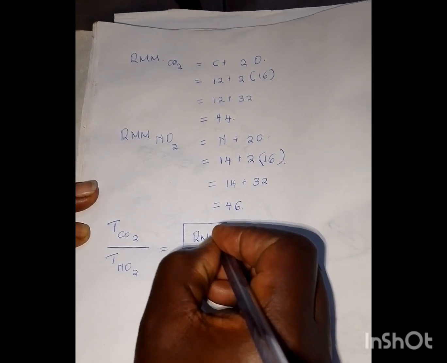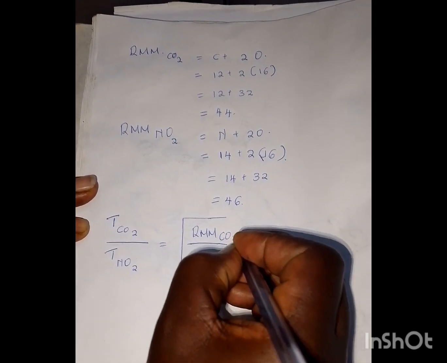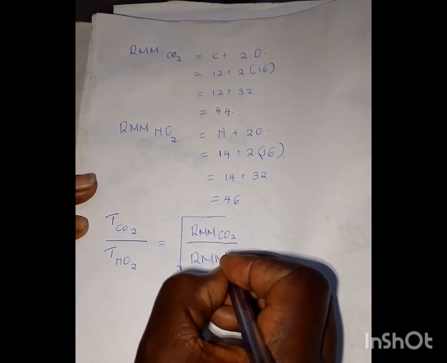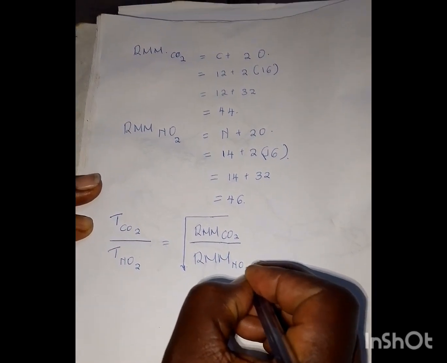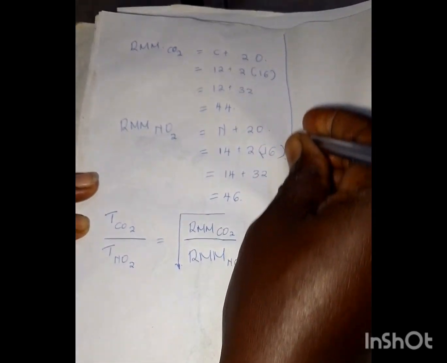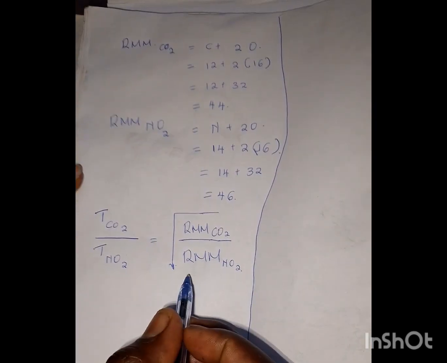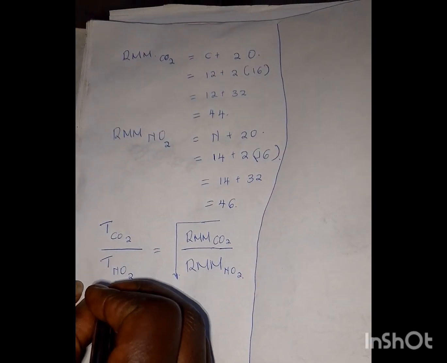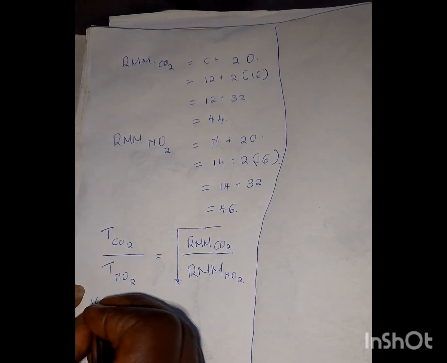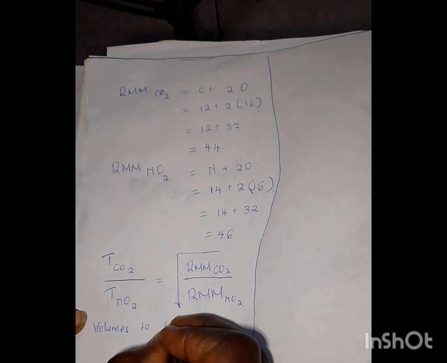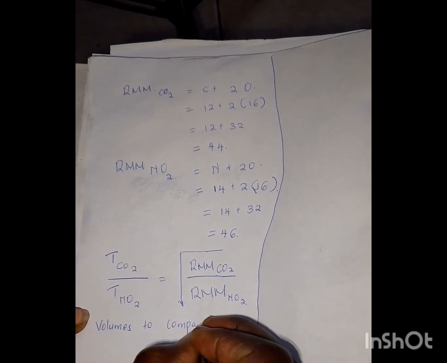So relative molecular mass of carbon dioxide to relative molecular mass of nitrogen dioxide. But this will only be the case if their volumes compare. So we have to make their volumes to compare.